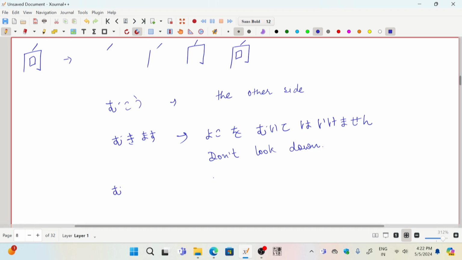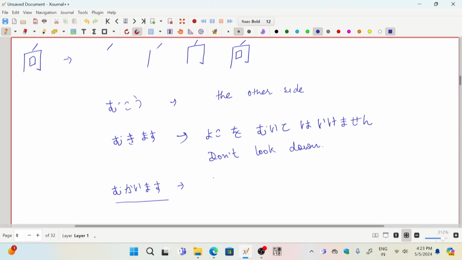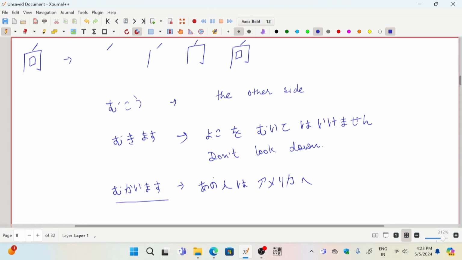Mukaimasu, to face. So it is also to move towards somewhere. So if you want to say that person moved to America, we can say ano hito wa America e mukaimashita.